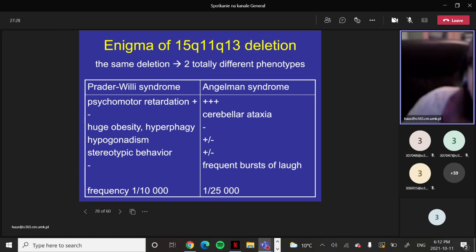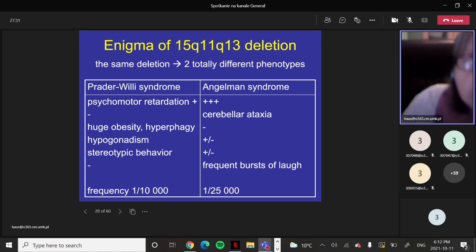For example, in some cases, it causes Prader-Willi syndrome, and in some, so-called Angelman syndrome. Why? And you can see that these syndromes have totally different phenotypes.